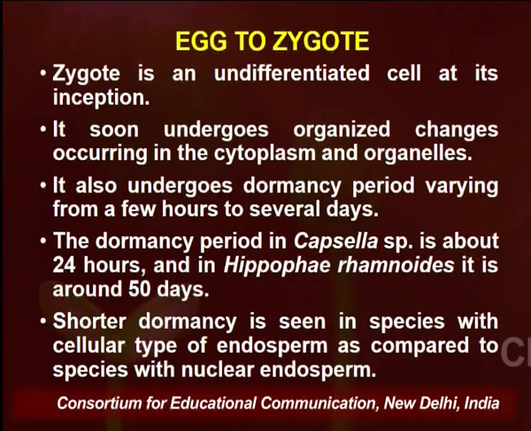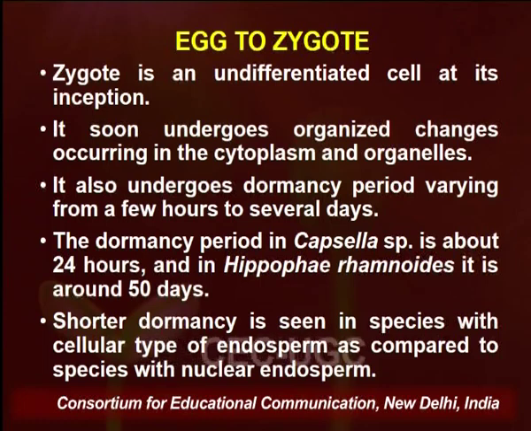Now, the zygote of course is an undifferentiated cell at its inception because it is formed by the fusion of male and female gametes. Very soon this zygote undergoes organized changes which occur in the cytoplasm as well as in the organelles. The zygote also undergoes a dormancy period which can vary.